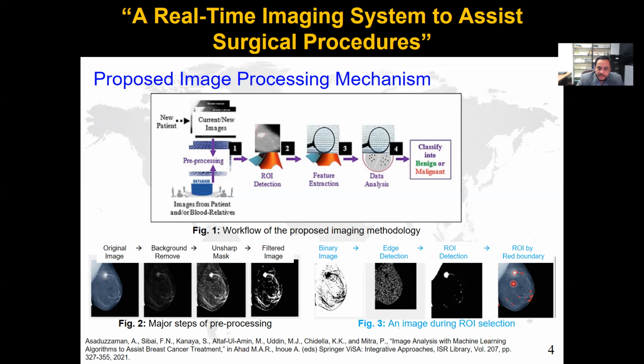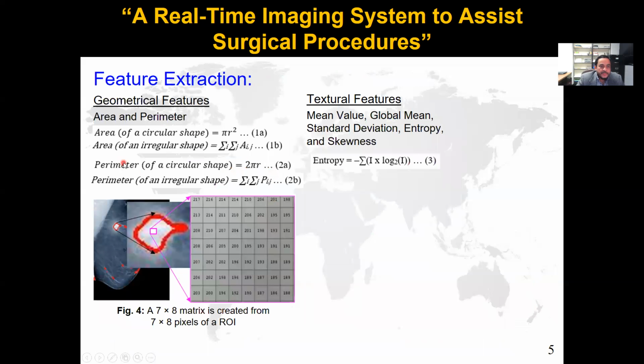After we have the region of interest, then we do feature extraction. In this work, we do consider geometrical features and textural features. For geometrical features, we use area and perimeter. As shown in figure 4, a region of interest probably will have a random shape.